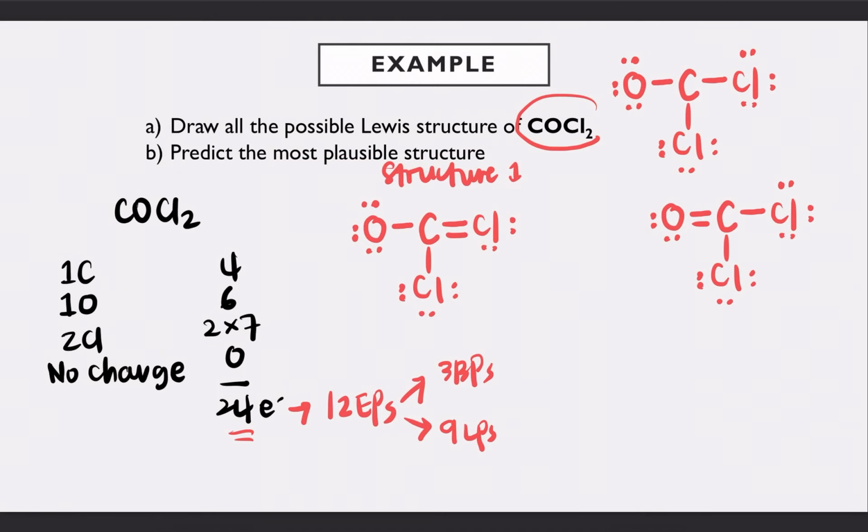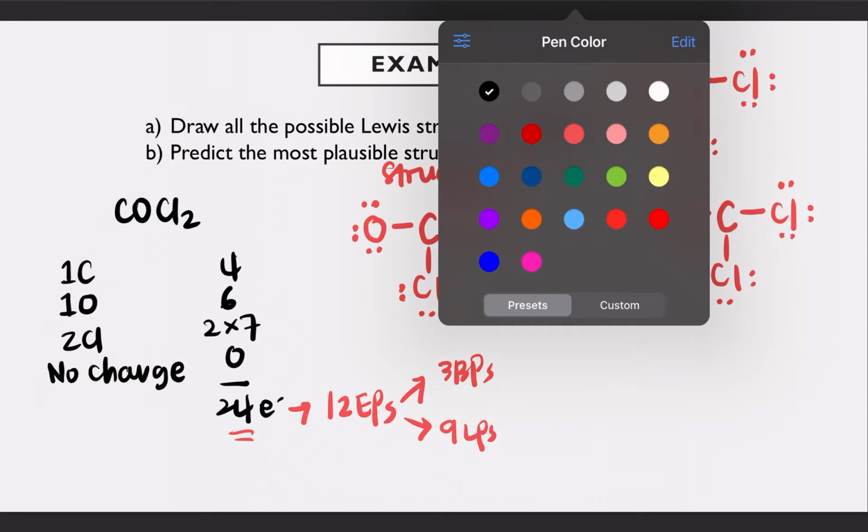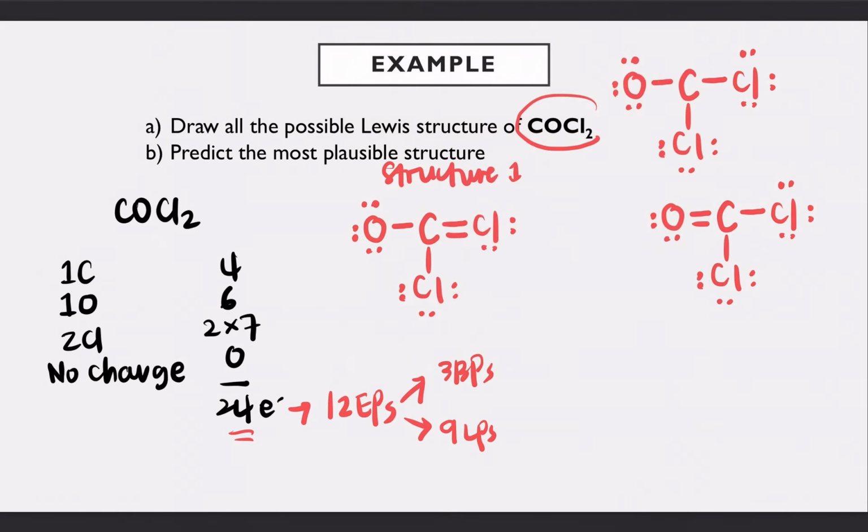Alright, so how to count the formal charge? Carbon has 4 valence electrons. Okay, look here. So it has 1, 2, 3, 4 electrons around it. Okay, so that means that 4 minus 4 will be 0.